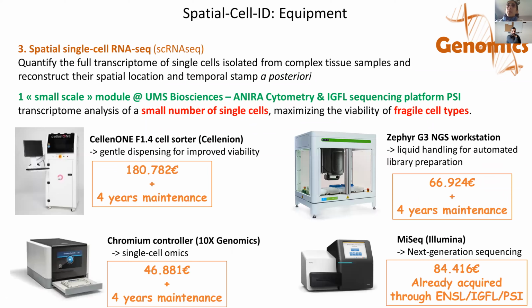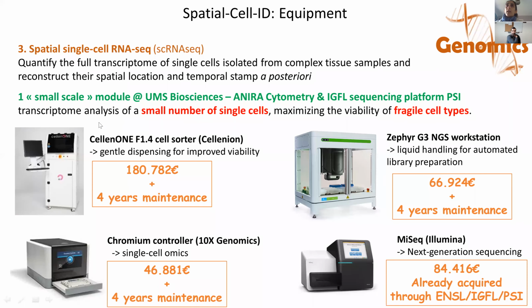So then the second part of this module, which is the small scale module, will be located in Gerland at the UAR Biosciences, both at the cytometry facility for the FACS sorter and at the sequencing platform of the IGFL.